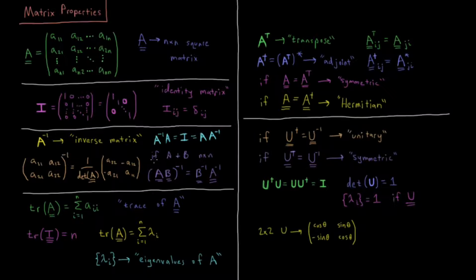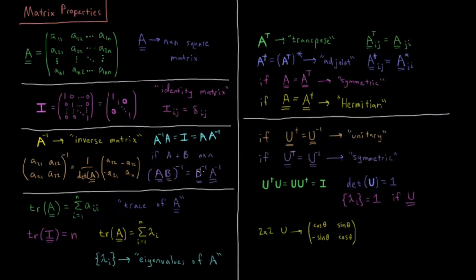Also, if A and B are both n by n matrices, the inverse of a product is going to be the inverse of each matrix but in reverse order. Remember, matrix multiplication goes from right to left.